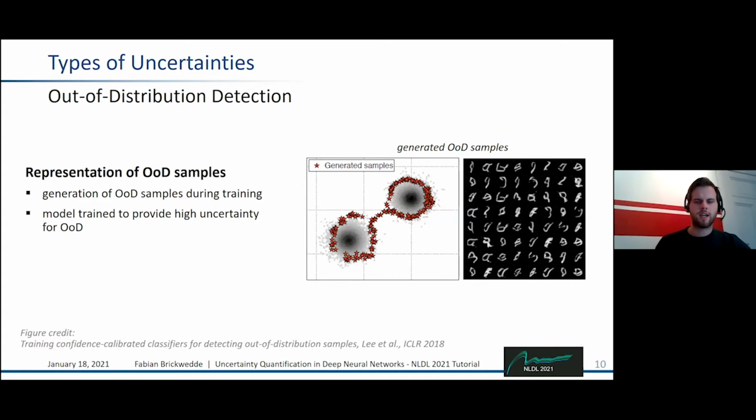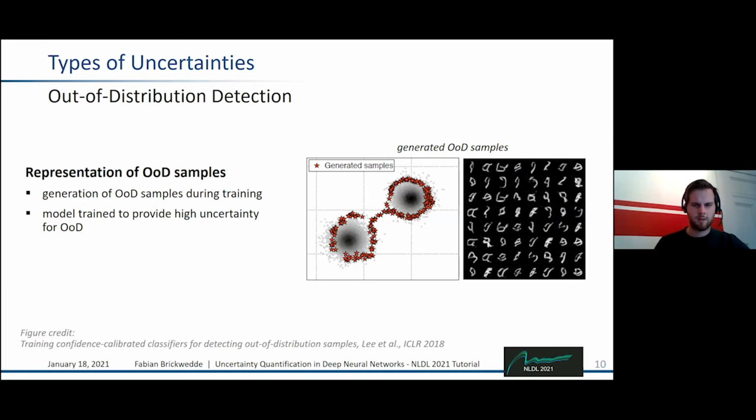So the third kind of uncertainty is now the out-of-distribution detection. It refers to the fact that networks typically provide erroneous estimates if the test data is too different from the training data. And the first idea to detect these samples is relatively straightforward. The problem of the out-of-distribution data is that such data is simply not given during the training.